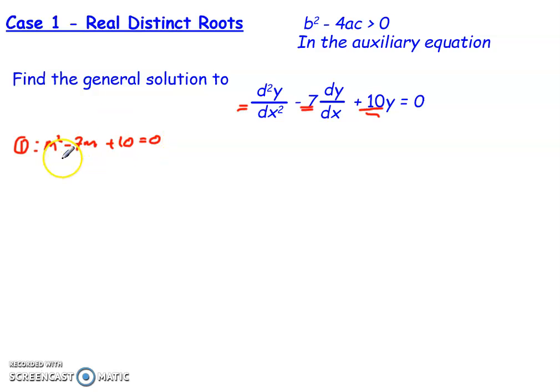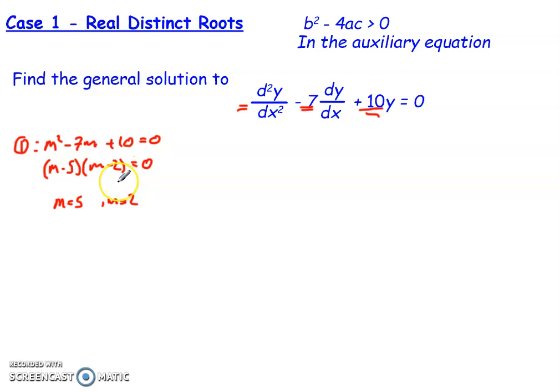Now that I've got that, I can solve it like I would a normal quadratic. So I end up with m minus 5, m minus 2 equals 0. From that, I get that m is equal to 5 and m is equal to 2. They are the two solutions to that auxiliary equation.